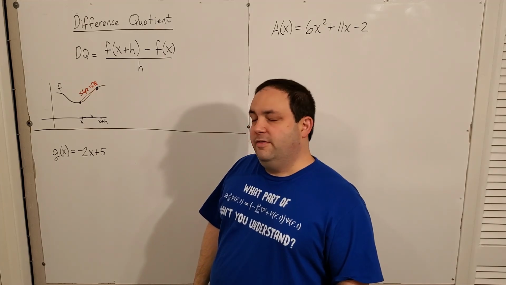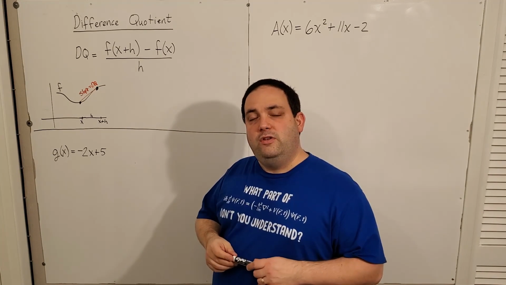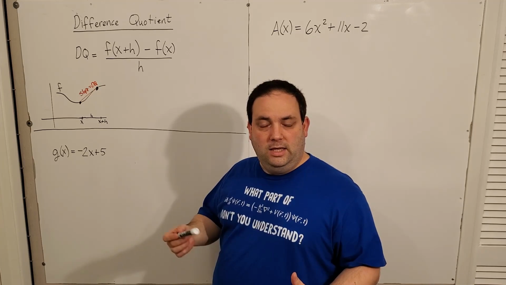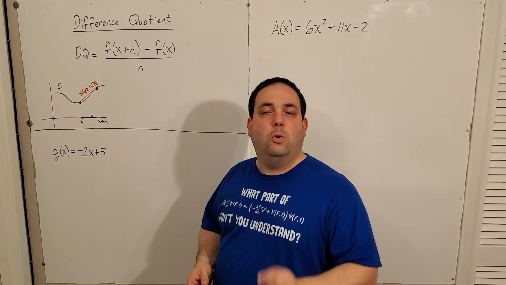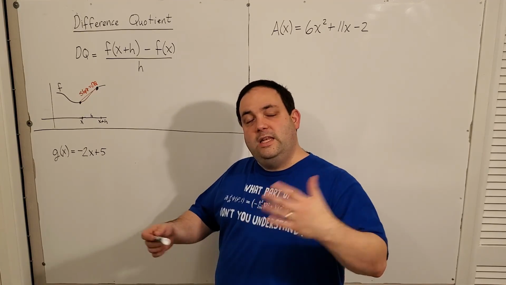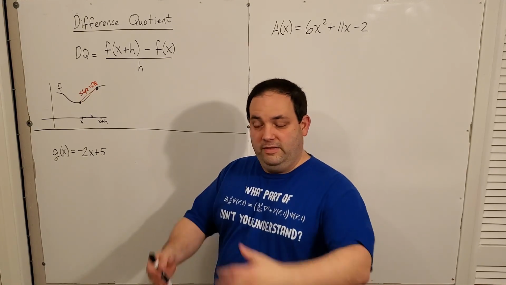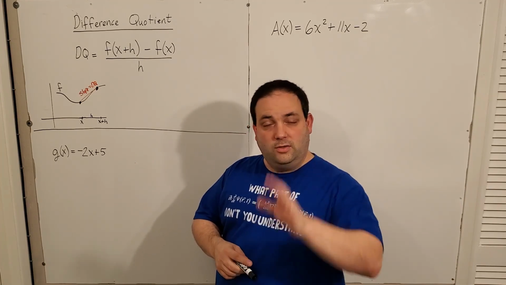Okay? The real difference with difference quotient, though, comes in the fact that we don't actually pick intervals. We just find the difference quotient of a function generically. So it's sort of like the next step up. And this is actually also a half step towards the study of calculus. And don't let that scare you.